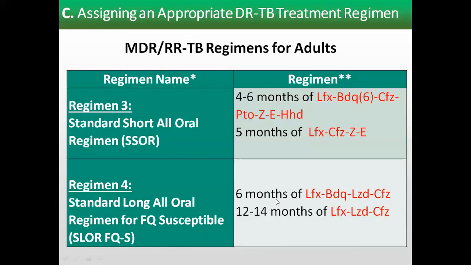So, for the first 6 months, you give levofloxacin, bedaquiline, linezolid, and clofazimine, and continue dropping the BDQ, kasi 6 months lang siya, diba? So, you only now give for the continuation phase, levofloxacin, linezolid, and clofazimine. Okay.